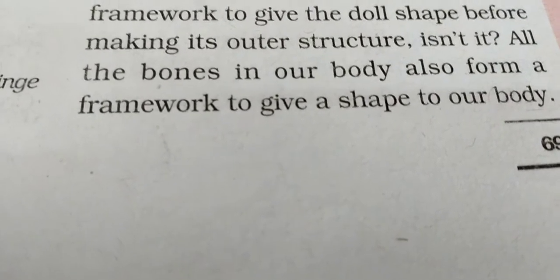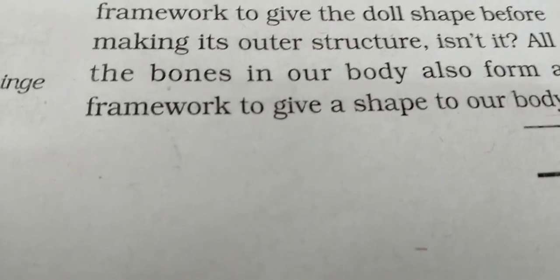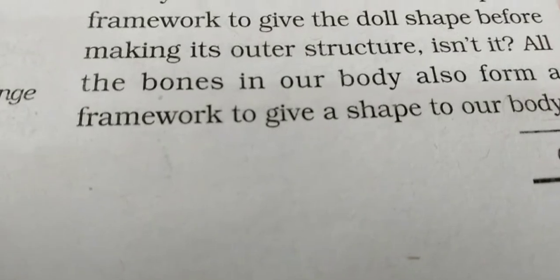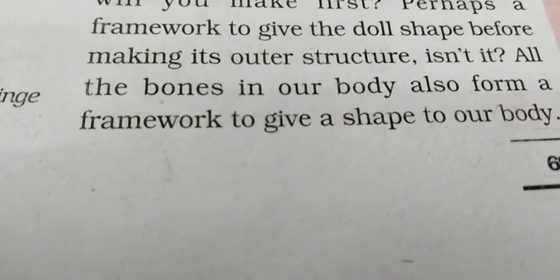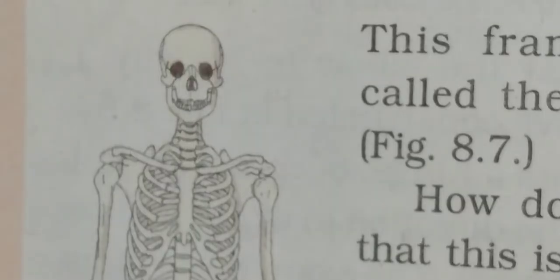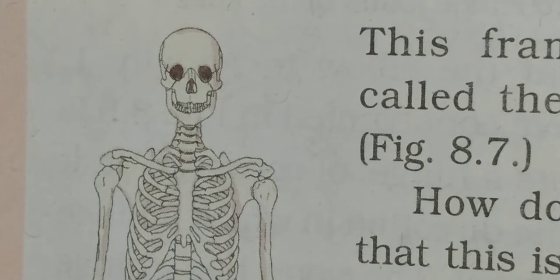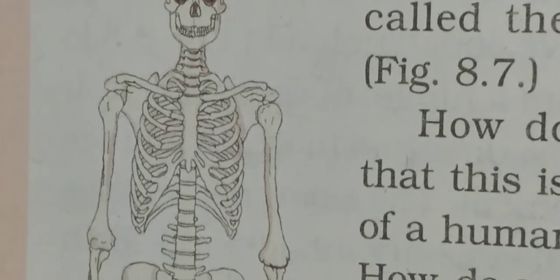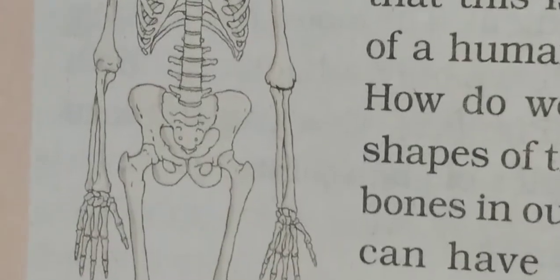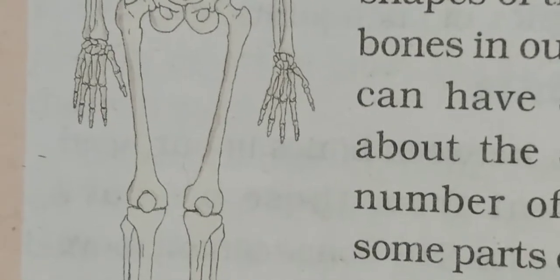And this framework, what is it called? It's called skeleton, as I told you earlier. Children, see this framework and look at the picture. This is the framework of the bones in our body, which is called skeleton.